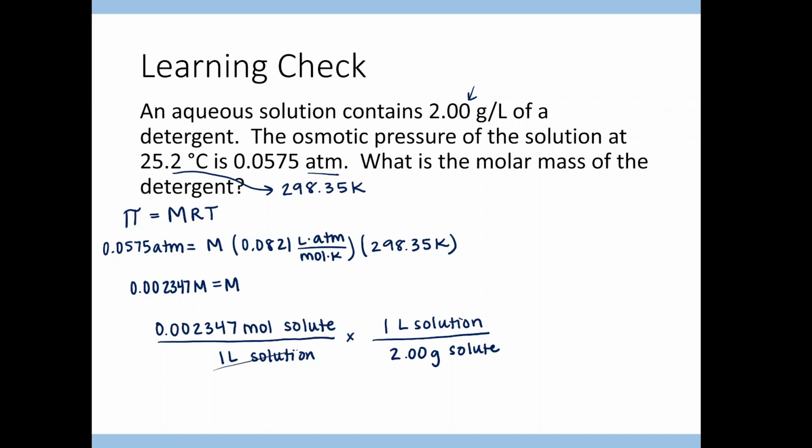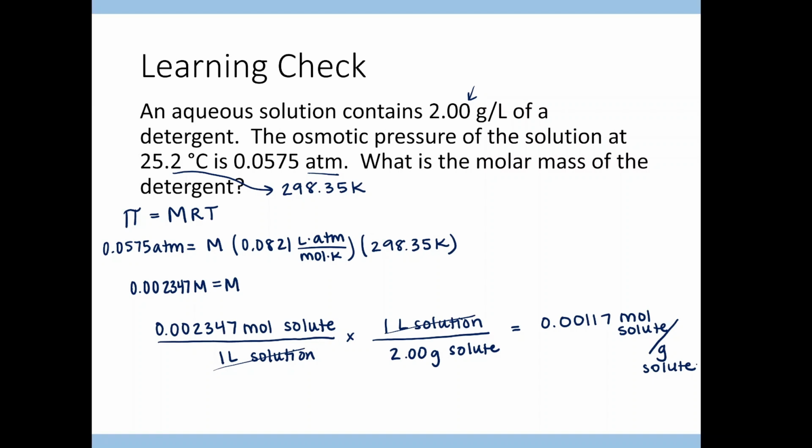Using this, we can cancel out the 1 liter of solution. Now we have moles of solute divided by grams of solute. This is 0.00117 moles of solute divided by grams of solute.